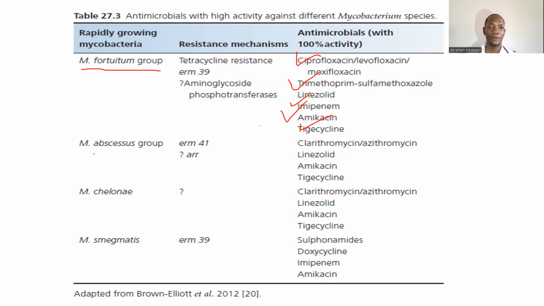Then for abscessus, we can look for things like erythromycin or azithromycin, linezolid, amikacin, and the tetracyclines. So if it is chelonae, we can look at linezolid, amikacin, and then also clarithromycin.